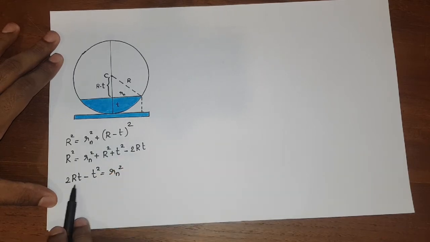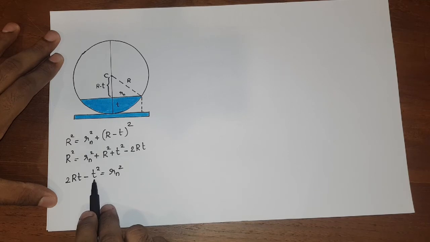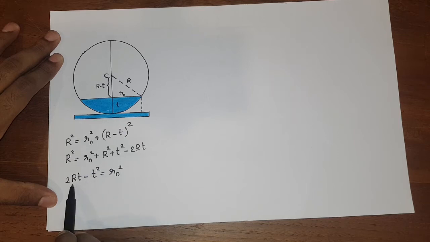But when you consider these two terms, this is a very big term, because usually the thickness will be very small. The thickness of the film is usually very small. So T is small, so T square will be very, very small. So you are subtracting a very small value from a big value. So this can be neglected. This T square part can be neglected.